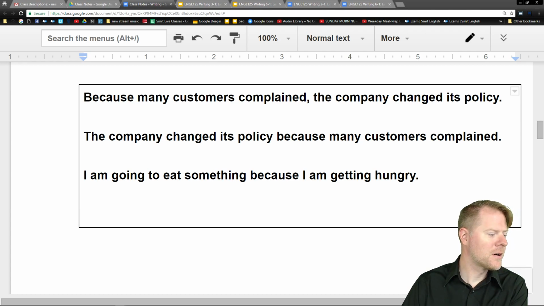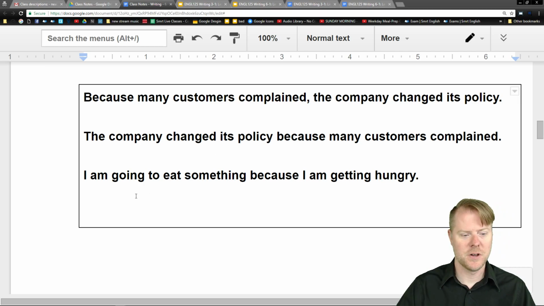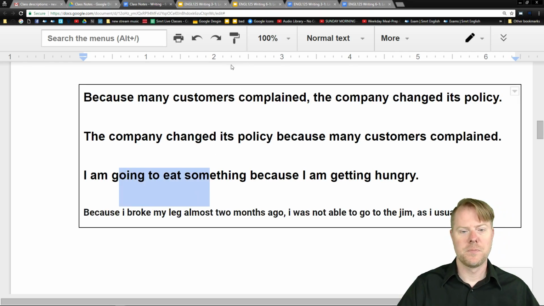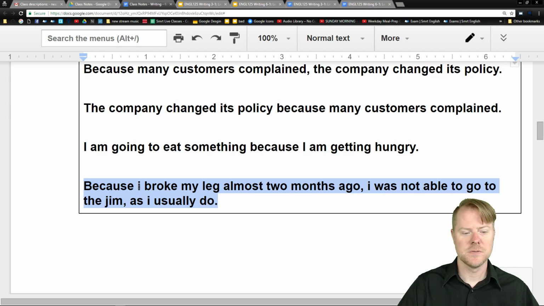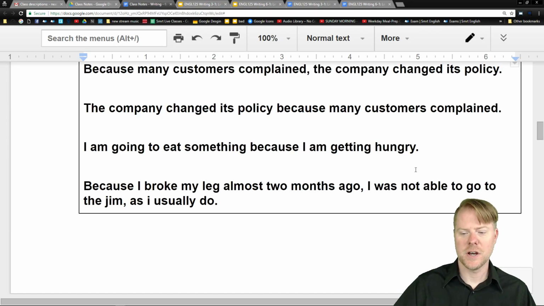And maybe another example sentence, this one from Rosa. Because I broke my leg almost 2 months ago, I was not able to go to the gym.